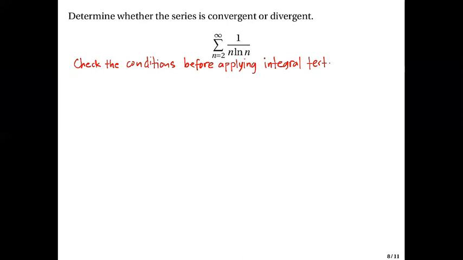Okay? And from 2 to plus infinity, ln of 2 is positive. So this guy here is always positive. And then is it decreasing? Check. You can use your derivative test to do that.